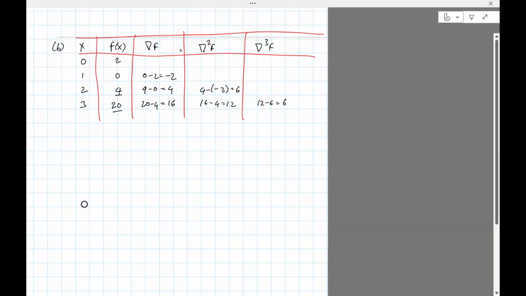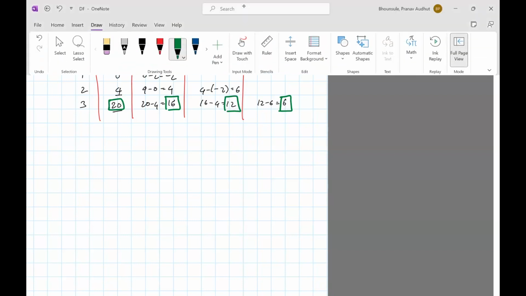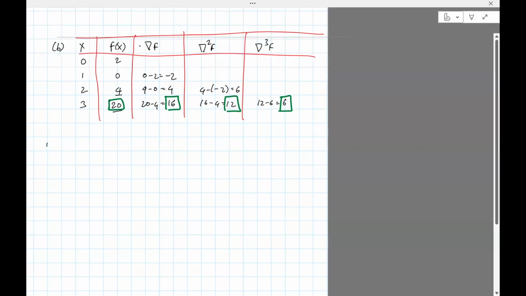Okay, now for the backward interpolation, we only have to look at the values here down. So that formula is as follows.